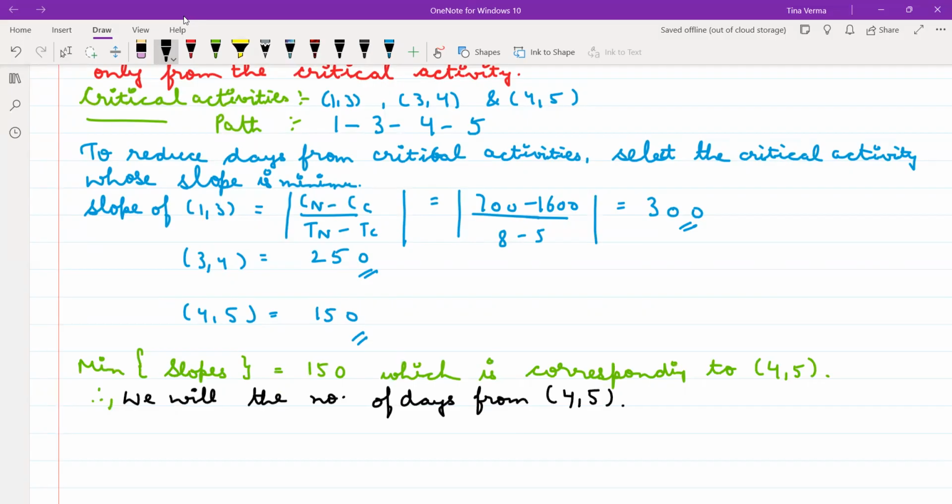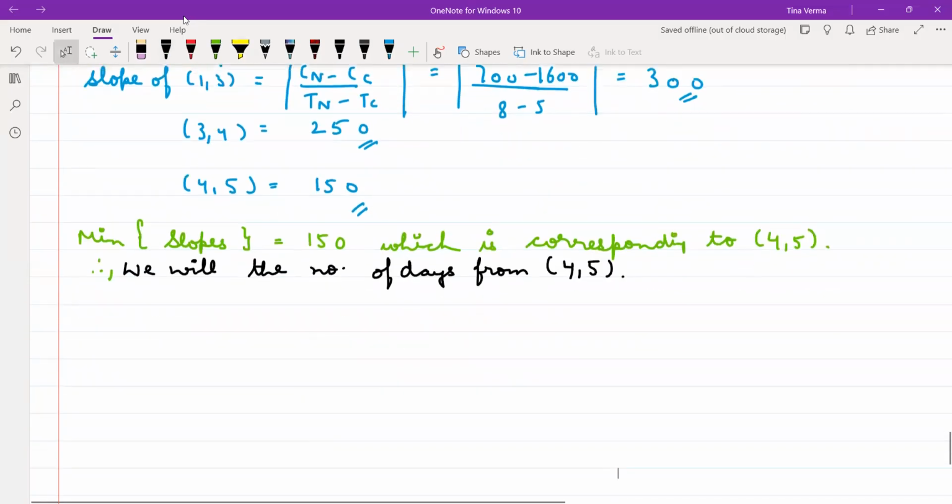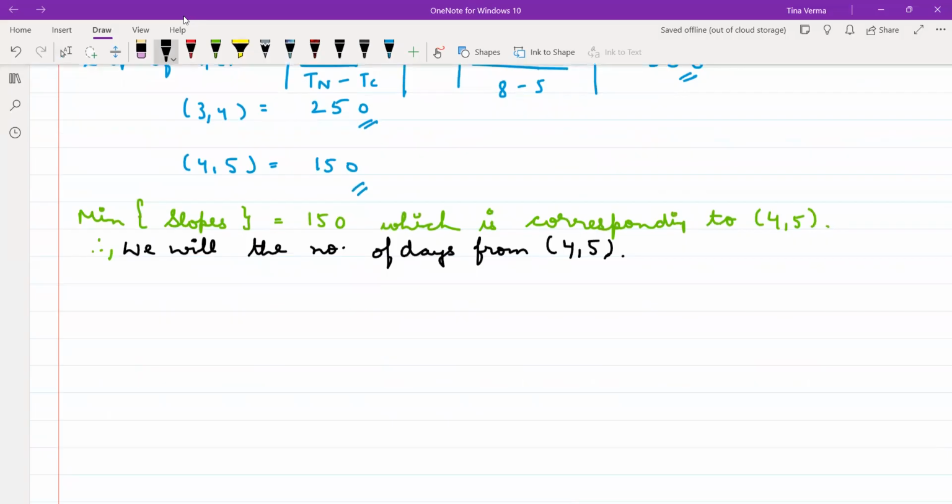Is it clear? अगर आपके पास एक से ज्यादा क्रिटिकल पाथ आते तो आपको हर क्रिटिकल पाथ में से एक्टिविटी नंबर ऑफ डेज रिड्यूस करने थे, तब आप ऐसे नहीं कर सकते कि एक पाथ में से रिड्यूस कर दो. जितने भी कॉरेस्पॉन्डिंगली आपके पाथ्स आएंगे सेम नंबर ऑफ डेज आपके रिड्यूस होंगे हर पाथ में से, राइट? सो वी हैव टू रिड्यूस द नंबर ऑफ डेज फ्रॉम 4 to 5 एक्टिविटी.